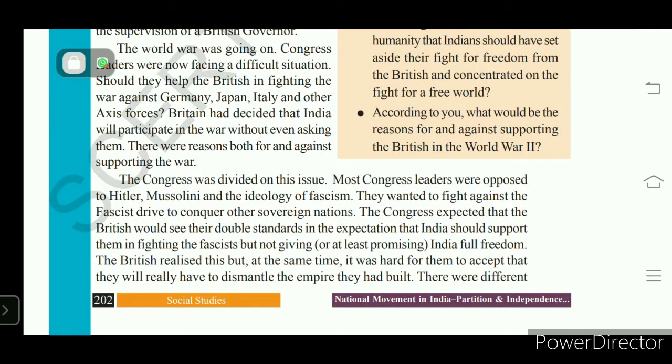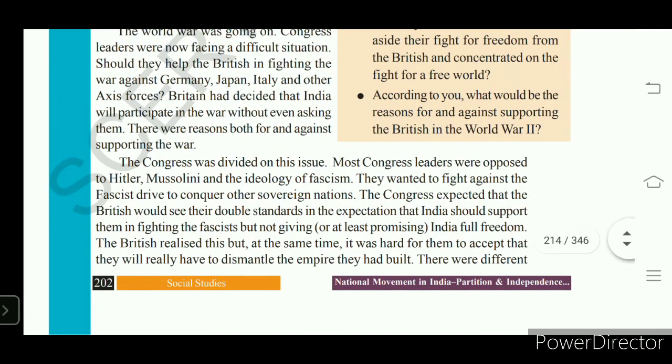Fascism and Nazism are ideologies based on aggressive nationalism. They want to conquer the world, right? So Congress opposed Hitler and Mussolini, that is, Nazism and fascism.